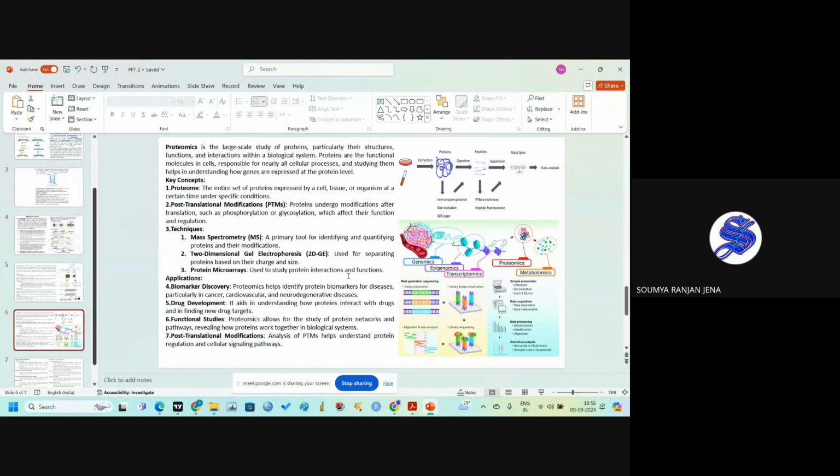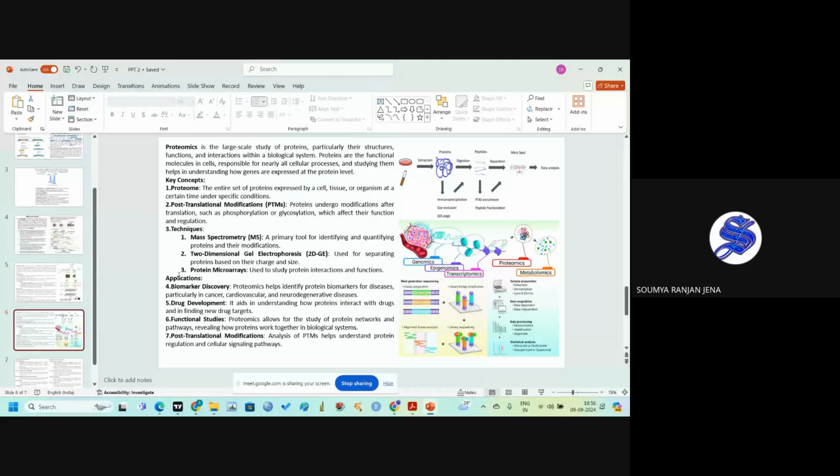In the microarray we have the receptor and we isolate the ligand, then we give the ligand to this receptor, and whether this ligand and receptor will bind or not, we can study that part also in protein microarray.